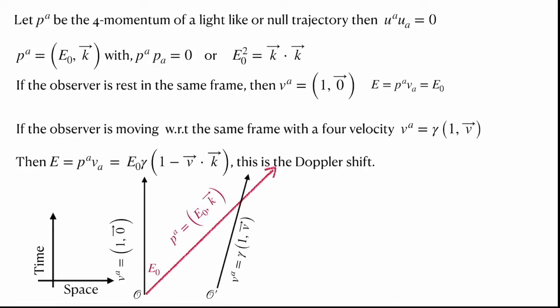It means that he is moving with some constant velocity, and he has the freedom to go up to 45 degrees. But I have made him a time-like observer. So at some stage, he receives this light emitted from O, and then the energy observed by this observer moving with velocity V is given by this, which has this gamma factor and depends on the direction of propagation.